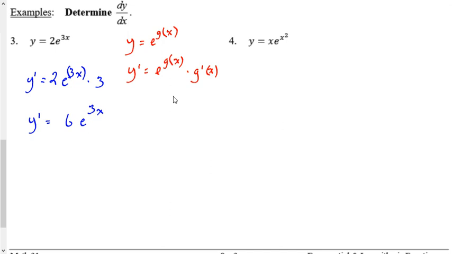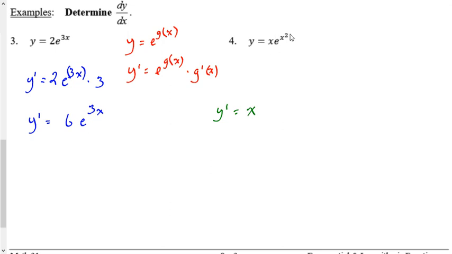Let's look at number 4. This time I have a product of functions. So I have x times this e to the g of x. So again, there's going to be a chain rule in there. So I'll start writing down here y prime. Product rule says I keep the first function as it is, times the derivative of the second function.